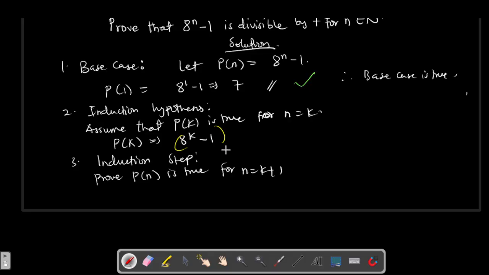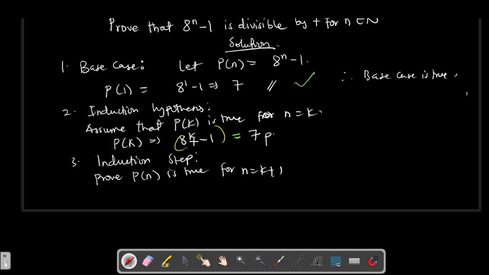Because you cannot just tell me that 8 to the power k minus 1 is divisible by 7. I can only assume when I equate this to a certain term, that term should be exactly divisible by 7. So I'll choose 7 times any unknown. Let's say if I use m, n is going to be confusing, so let's say 7 times p.